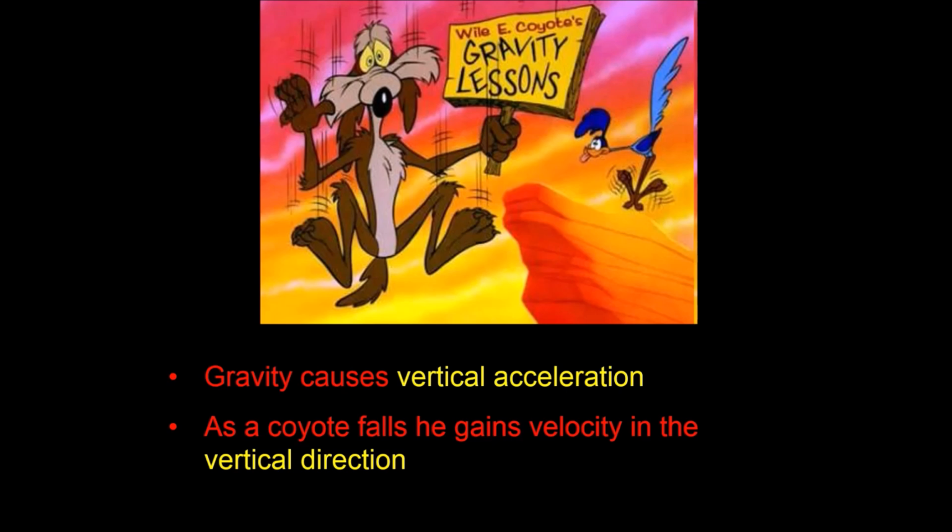Now I've said that a few times, and it might seem like I'm labouring on this point, but please remember this when doing your calculations. The vertical motion of any projectile is due to being in free fall with a constant downward acceleration of negative 9.8 meters per second per second.